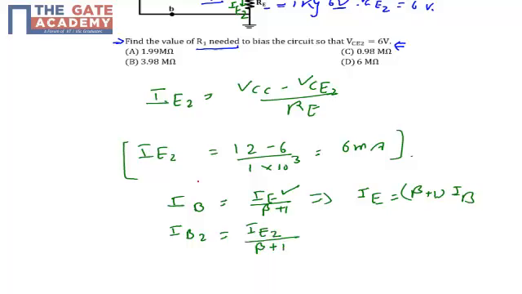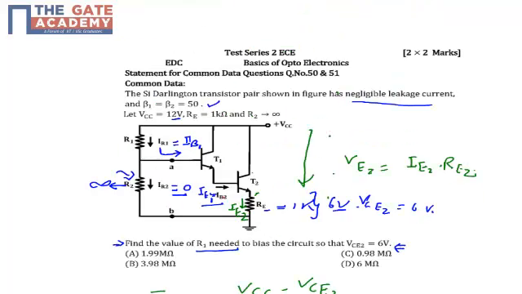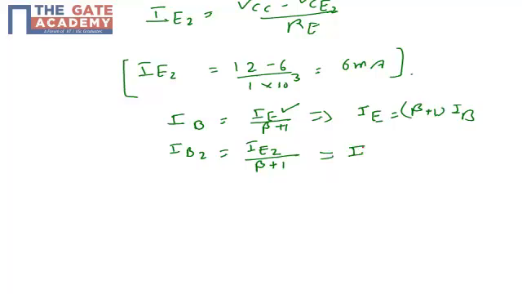But in our case, the base current of the second transistor is actually equal to the emitter current of the first transistor, the same value IE1. Similarly, my IE1 is related to the base current of the first transistor: IB1 into beta plus 1 will be equal to IE1.